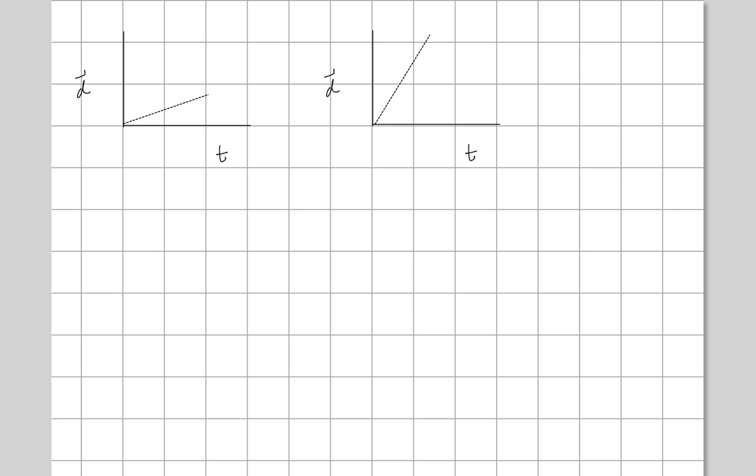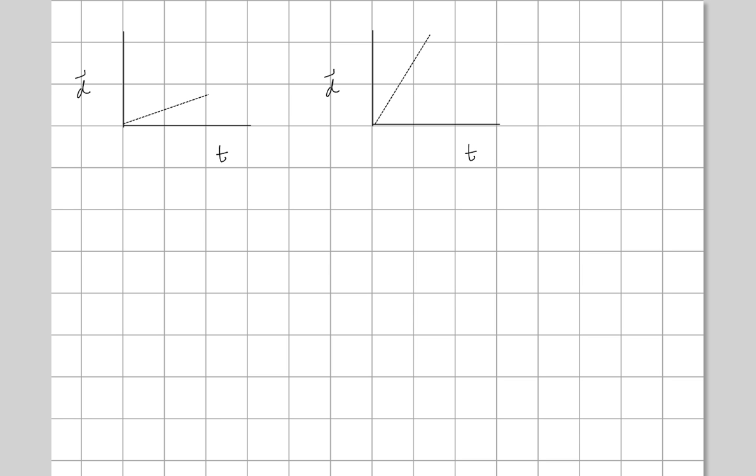Okay? Also, in both cases, the slope is positive. So that tells us that we are moving rightward if we're traveling horizontally, or northward if we're traveling vertically. Okay, so let's just assume we're going horizontally.